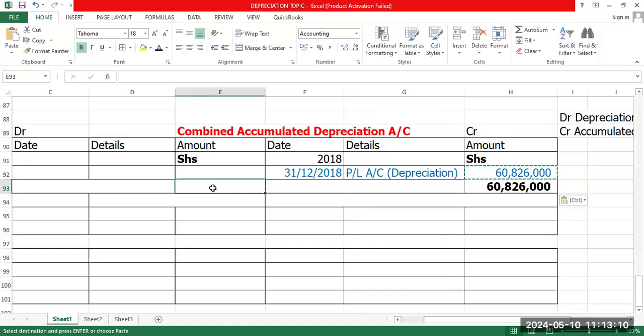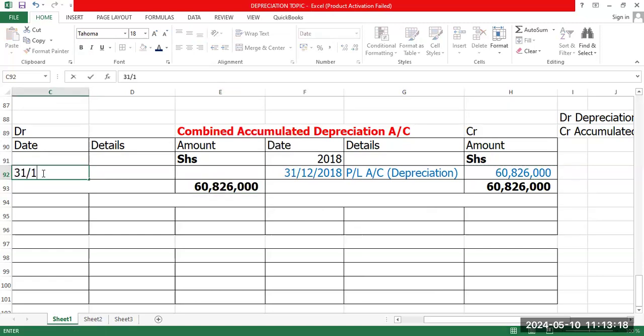Then also the balancing figure. Your balancing was still on 31st December 2018. What is balance carried down? It is still the same figure.